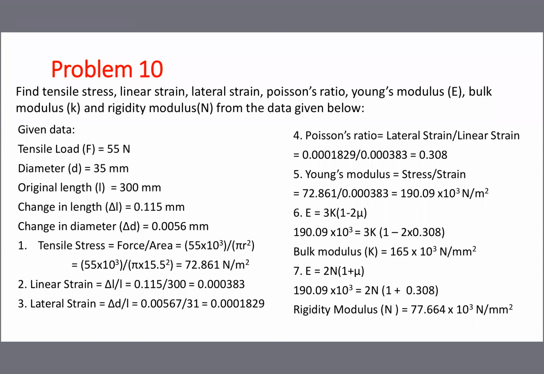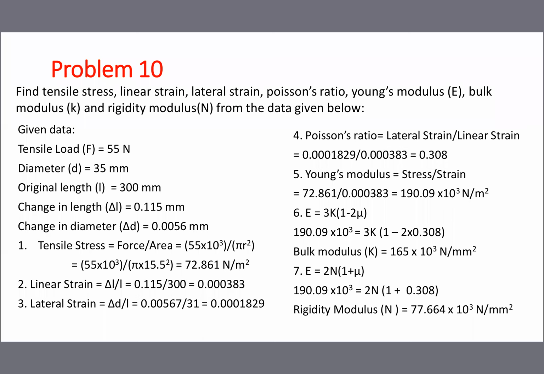Then number 6: capital E is equal to 3K into 1 minus 2 mu. Mu is nothing but 1 by m, that is Poisson's ratio. Poisson's ratio is called mu. Some people say 1 by m, or you can say mu, both are equal.